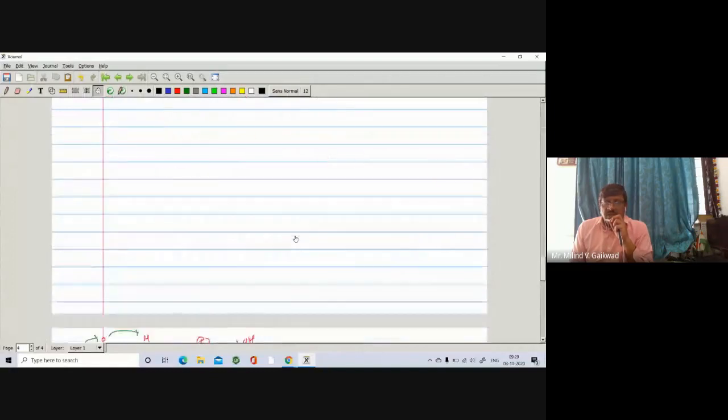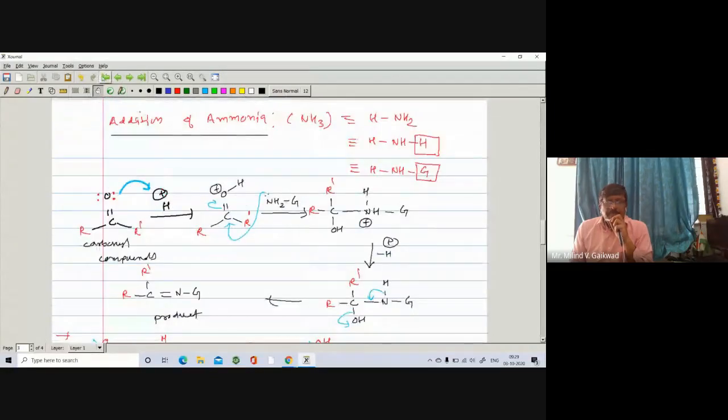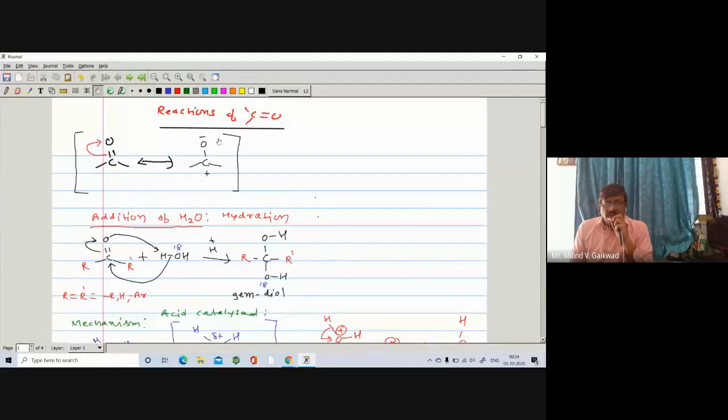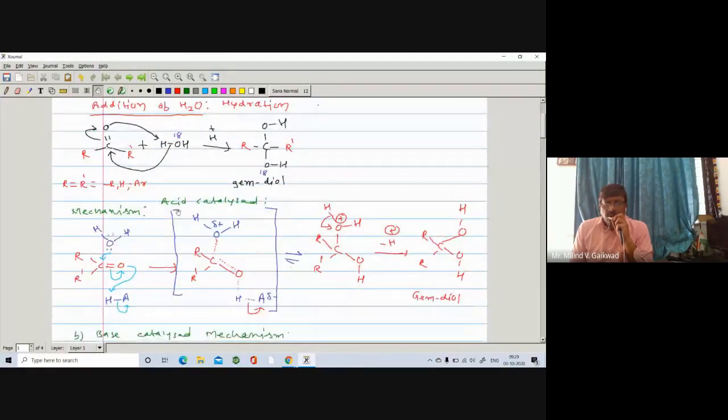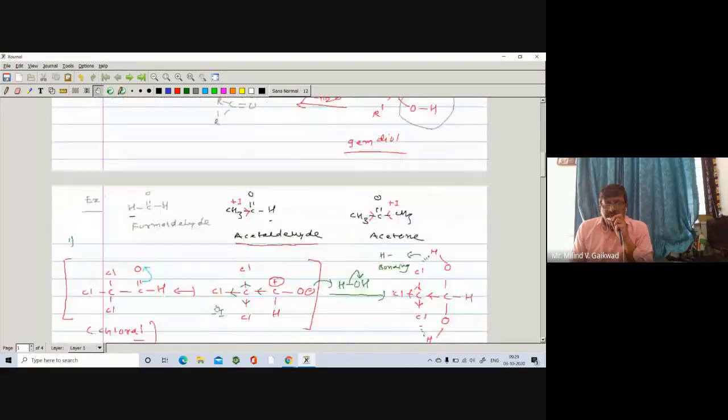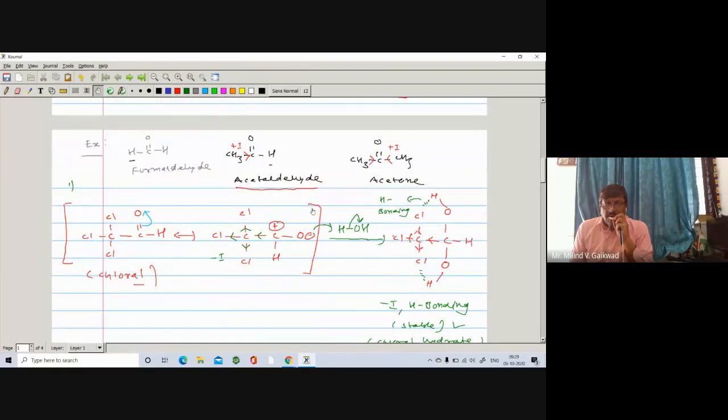So today we have seen the reactions of carbonyl compounds, reaction with water, which may undergo acid catalysis or base catalysis. Then we have seen that carbonyl compounds undergo hydration.